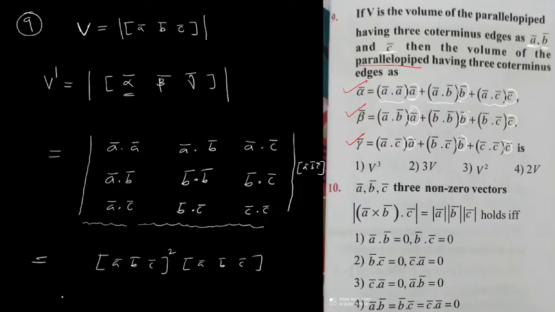Finally this is equal to box A bar, B bar, C bar whole cube. So V dash, the required volume of the parallelepiped, is V cube. Already we have box A bar, B bar, C bar is V. Therefore V cube will be the answer. First option.